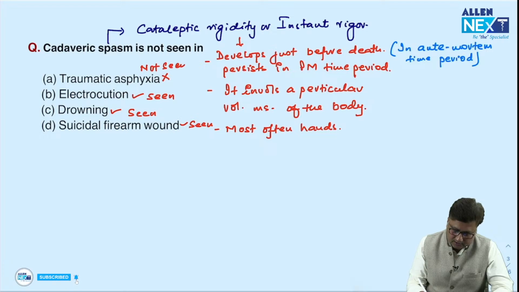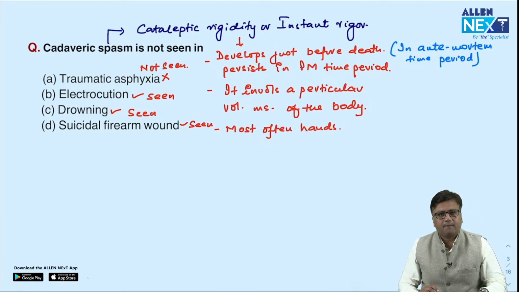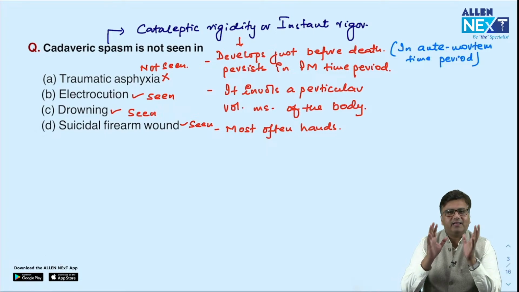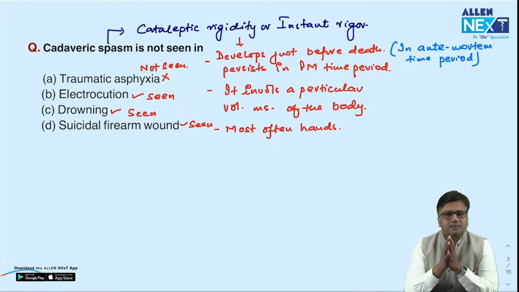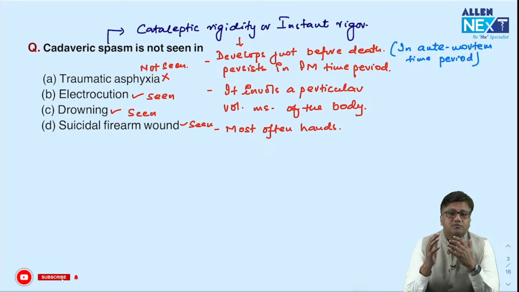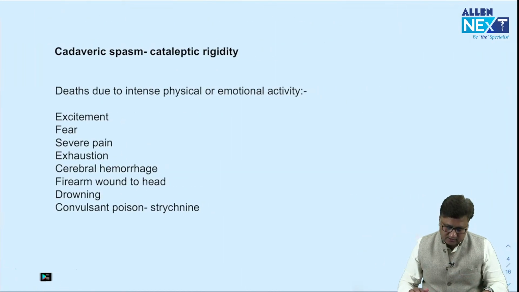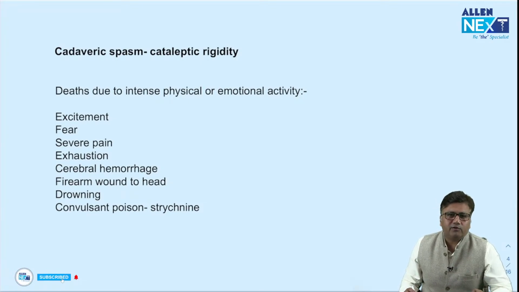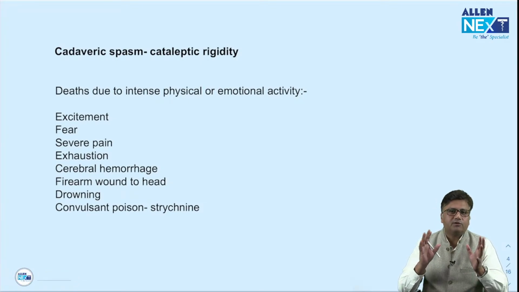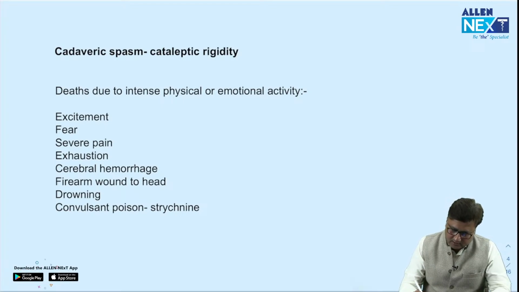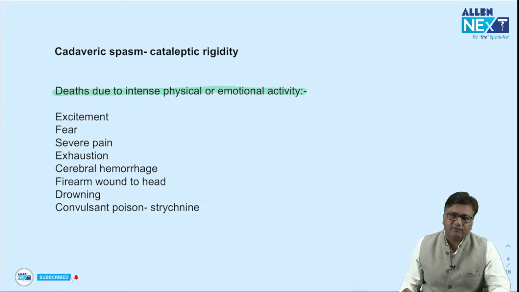Not seen, because traumatic asphyxia किसी ऐसी डेथ कैटेगरी में नहीं आता जहां पर कैडावरिक स्पाज्म बॉडी में डेवलप होने की संभावना हो. सो क्या कुछ ऐसी पिक्यूलियर डेथ कैटेगरीज हैं? लेट्स सी देम. Yes, if we talk about development of cadaveric spasm in certain peculiar situations of death, we see cadaveric spasm in deaths due to intense physical or emotional activity.